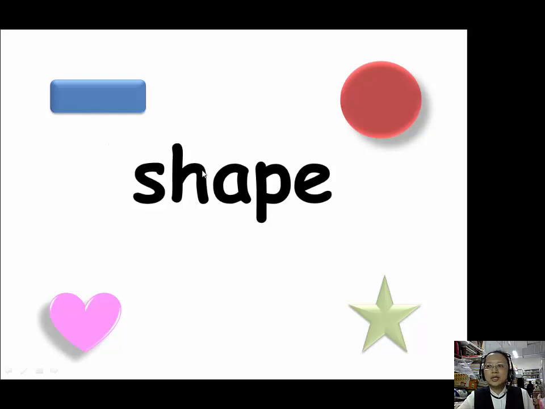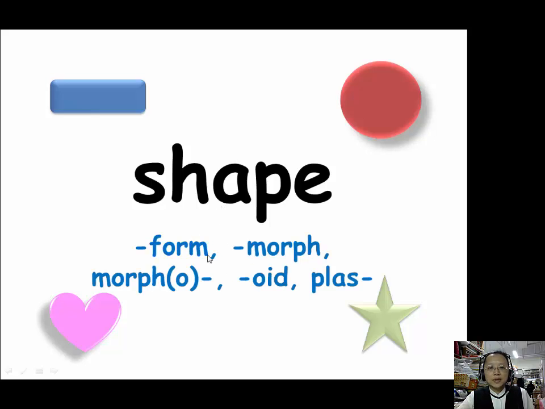When we talk about things that have shapes or take forms, we use the prefix morpho or morph, M-O-R-P-H, M-O-R-P-H-O, and the plas, P-L-A-S, and also the suffix form, F-O-R-M, morph, M-O-R-P-H, and oid, O-I-D. When we talk about things that have the wrong shape, we use the prefix pero, P-E-R-O.